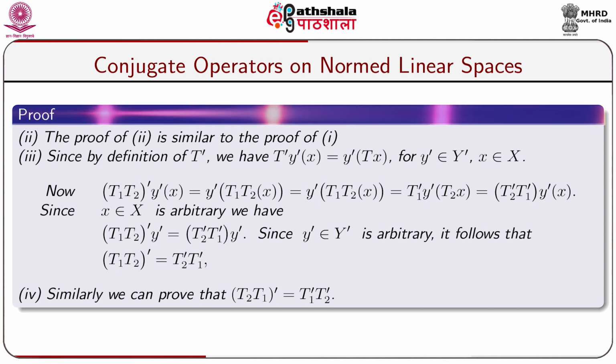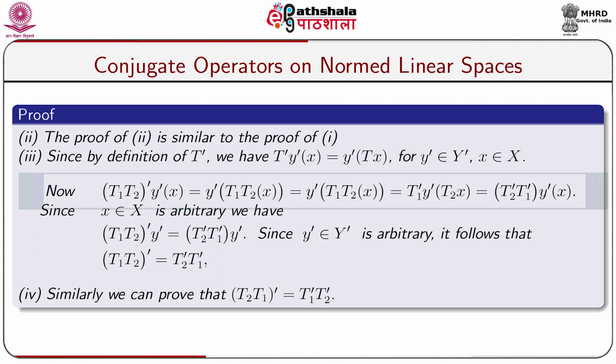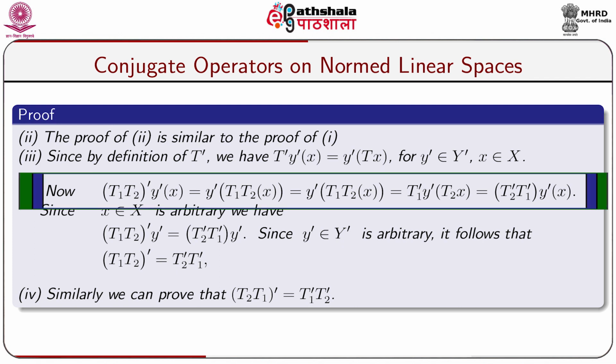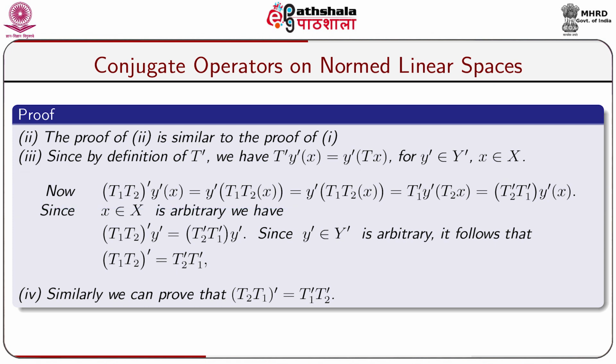So, for the proof of 3, by definition of T', we have T' y' (x) equal to y'(Tx) for y' belonging to Y' and x belonging to X. Now, (T1 T2)' y' (x) equal to y'(T1 T2 x), which is equal to T1' y' (T2 x), which is equal to T2' T1' y' (x).